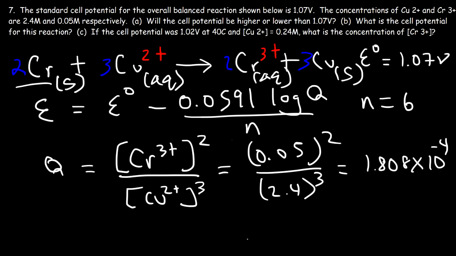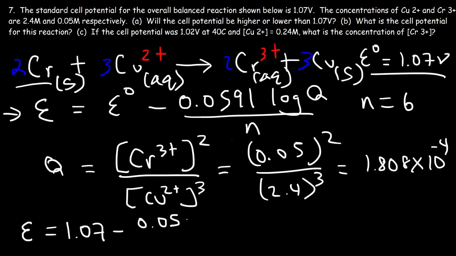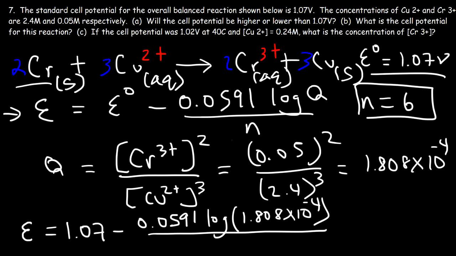So that's Q. So now let's plug in everything into the Nernst equation. So the standard cell potential, that's 1.07, and then minus 0.0591 log Q, and then we're going to divide that by N, and we saw that N is equal to 6. So go ahead and type all of that in.